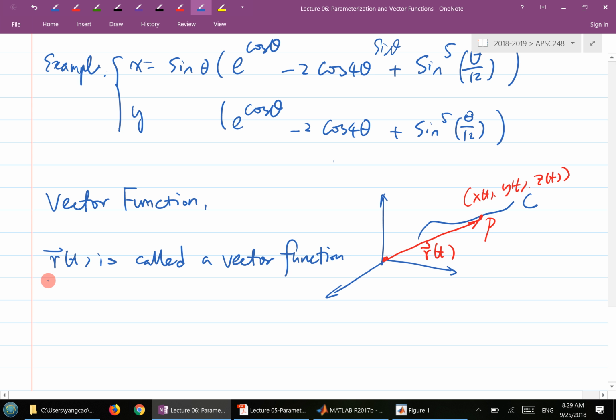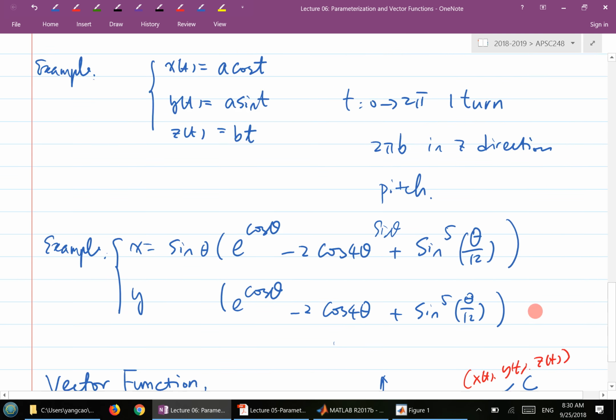So you plug in a different t value, you return a different vector, and that vector in this case is a position vector. That's why it's called a vector function. There's always a range for t when you define a function. It could be from negative infinity to positive infinity, but when you plug in a value into that function, it needs to return certain values. That's the idea of a function.